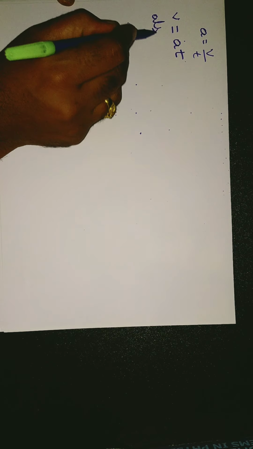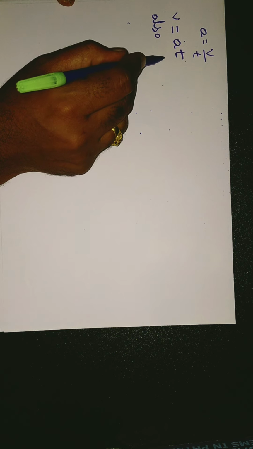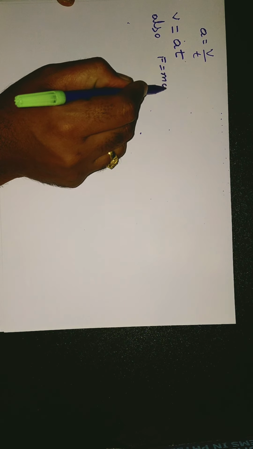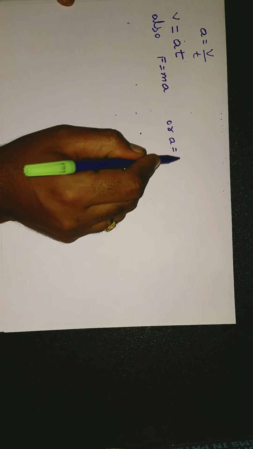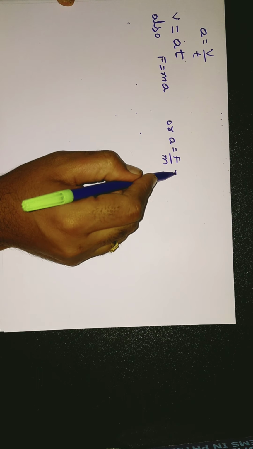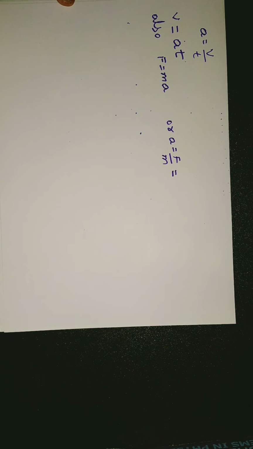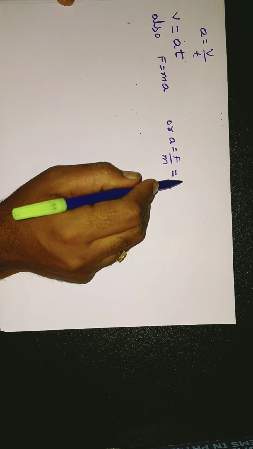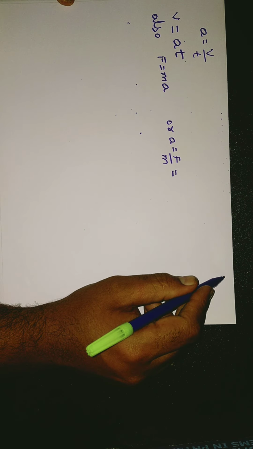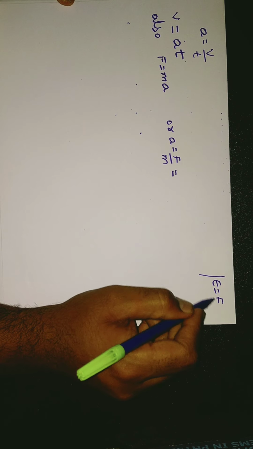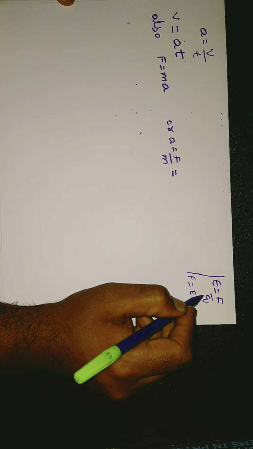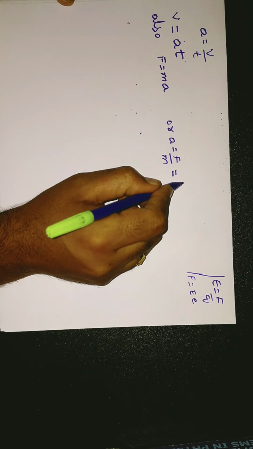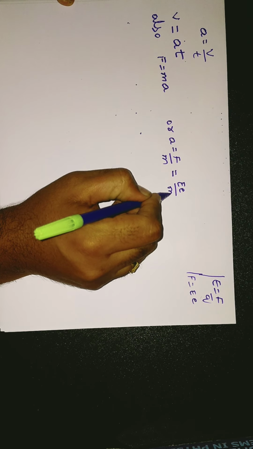Also, we know that force is mass into acceleration, or acceleration is force by mass. See, with respect to the electrons, when an electron is in the electric field, it experiences a force due to the electric field. If you remember, we had learned that E is F by Q, or in this case F is E into e, because the charge of an electron is represented as e. So it is eE by m.